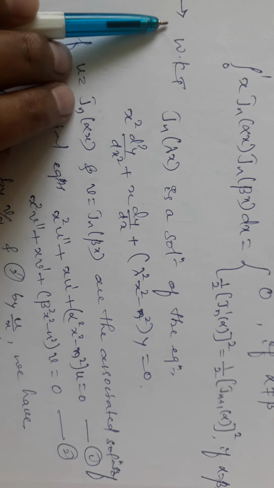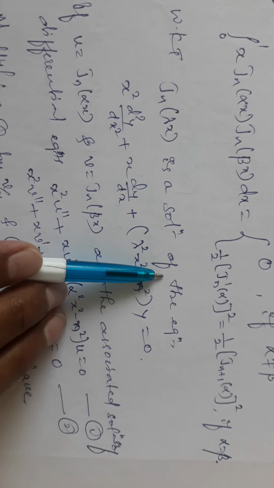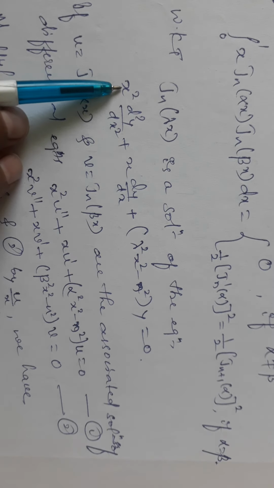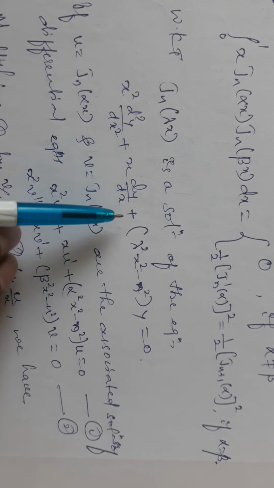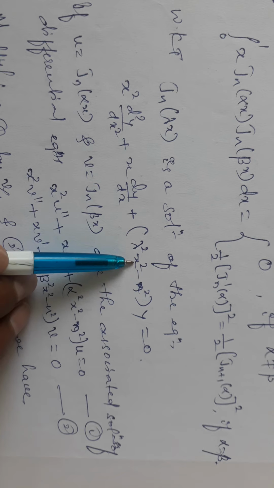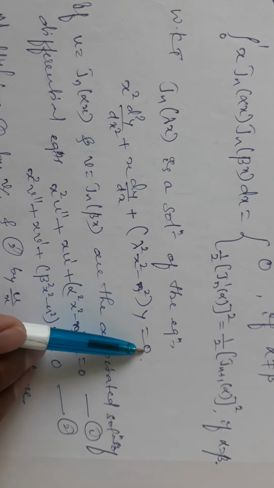Now the proof. We know that Jn(lambda x) is a solution of the equation x² d²y/dx² + x dy/dx + (lambda² x² − n²) y = 0.